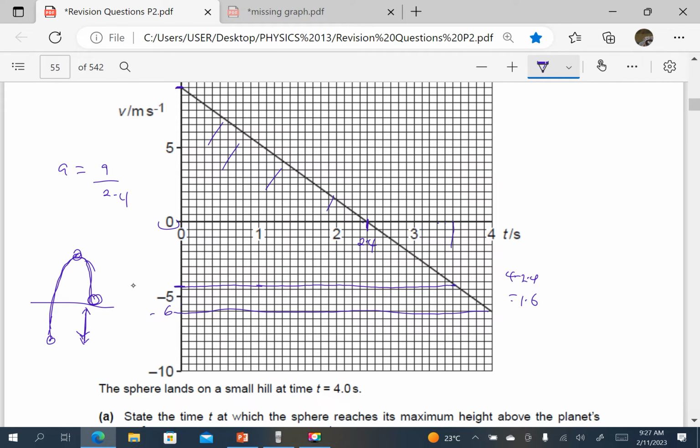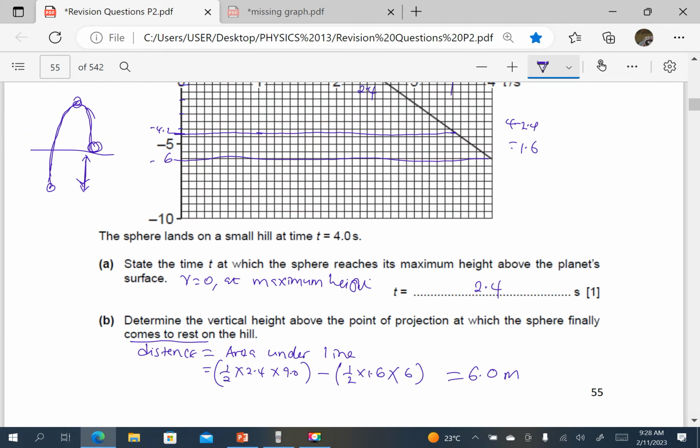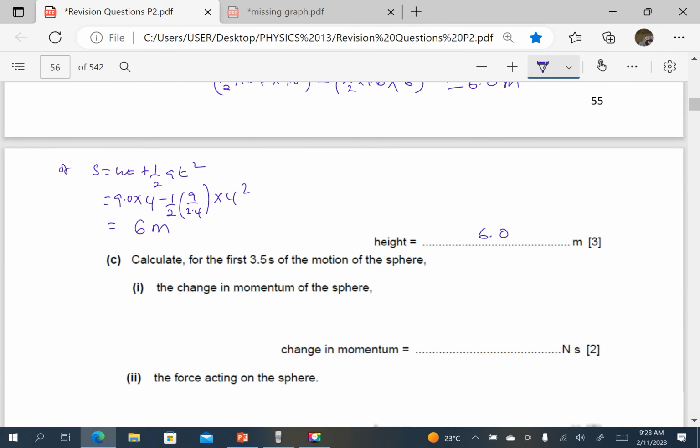So the scale on the vertical is 0.5. This is 1, 2, 3, 4. It's around 4.2. It is closer to the upper part, so it is negative 4.2. It may not be negative 4.5. Because each small square is 0.5, it could be negative 4.2, negative 4.3, around there.